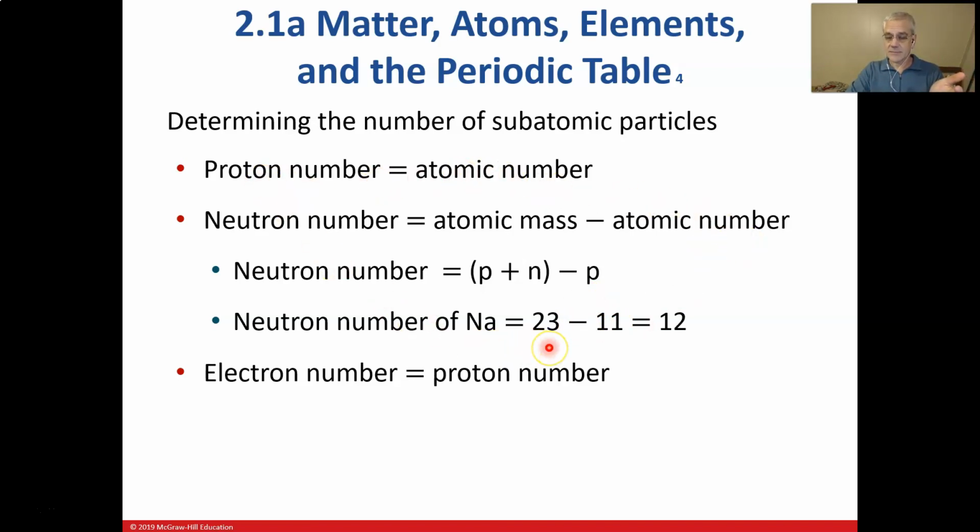So if I take its atomic mass and I subtract the number of protons, which is the atomic number, I get 12. What does that tell me? That tells me how many neutrons are in the nucleus. So you can see in this case, it's going to have 11 protons and 12 neutrons. So neutrons and protons don't have to be the same. And again, electron number equals proton number. I've told you that several times.